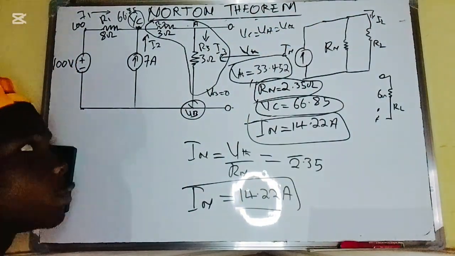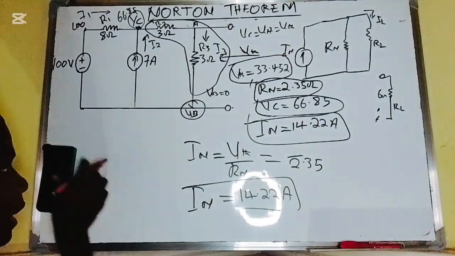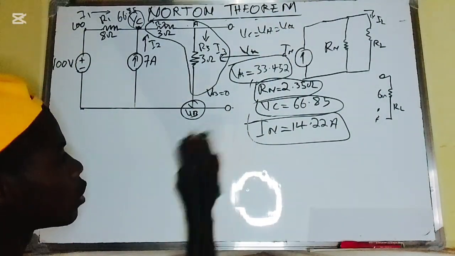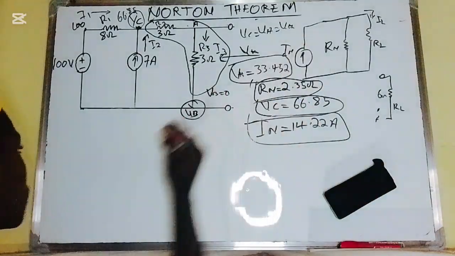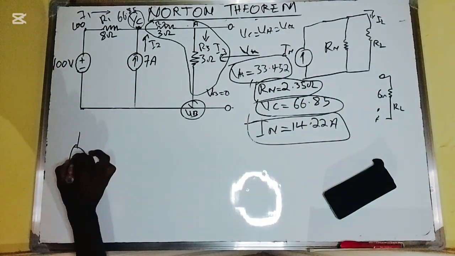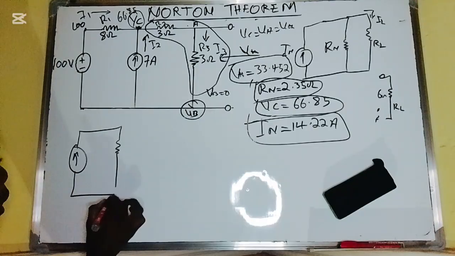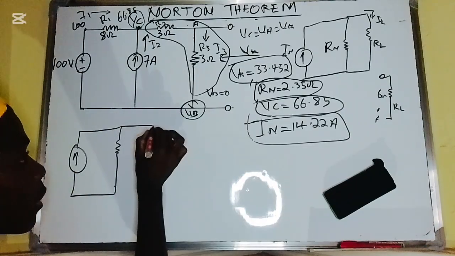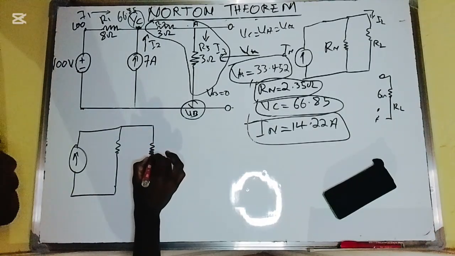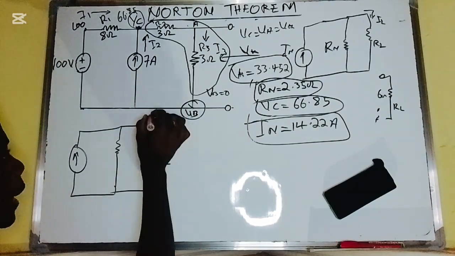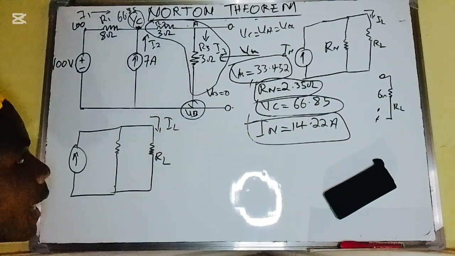All this thing that I'm doing, I'm looking for IL, the current that is passing through the load resistance. So I have to draw this circuit. I have the current going up, and I have this, and also the RL. I'm looking for IL.